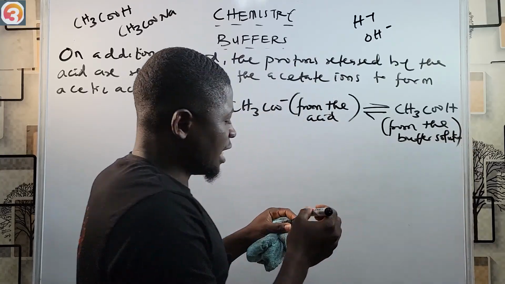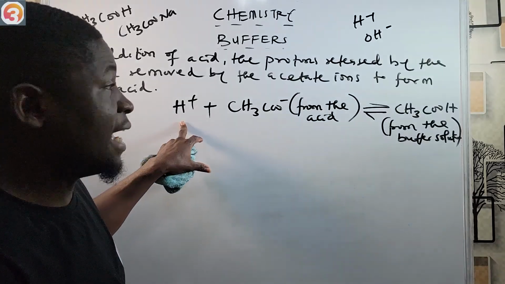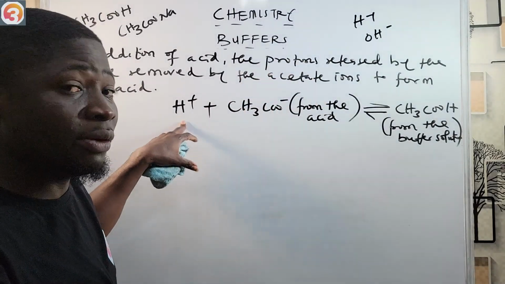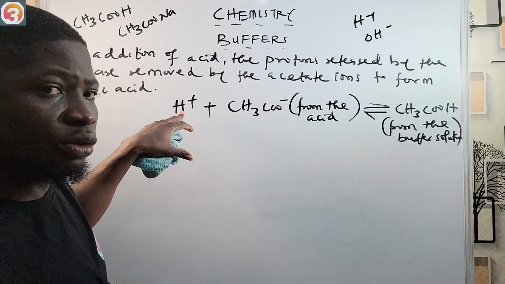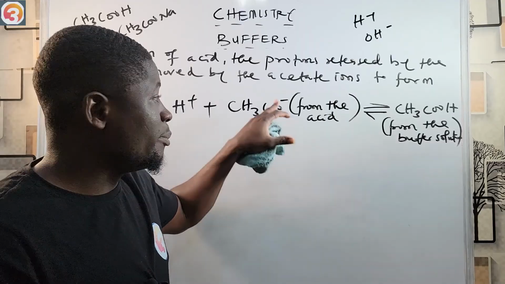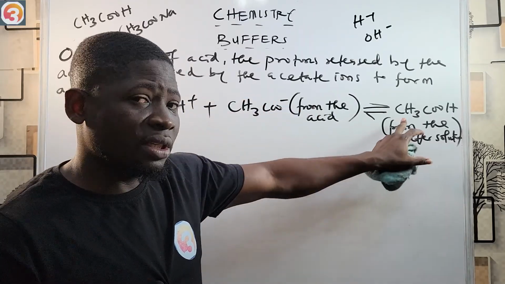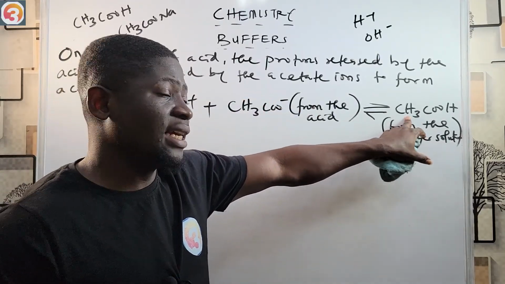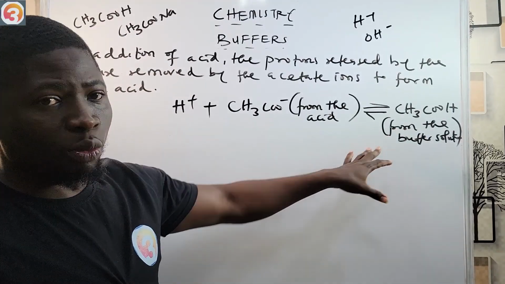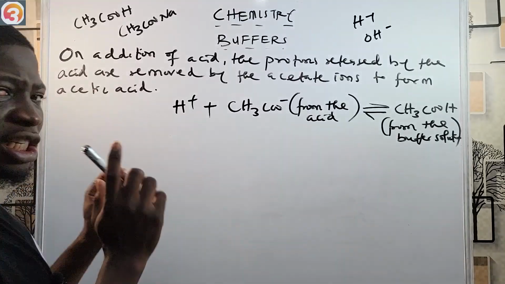Remember, when we say protons, we mean hydrogen ion. So the proton released, the hydrogen ion, plus the CH3COO- will give us acetic acid, CH3COOH, from the buffer solution.